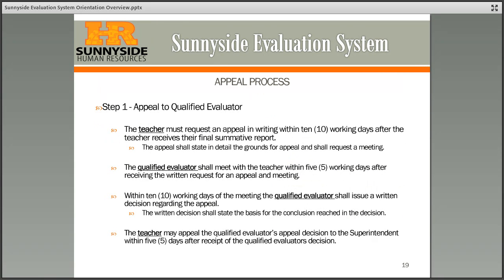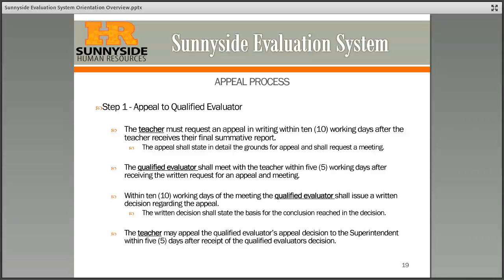The appeal process. Step 1 of the appeal process is in the teacher's hands. The teacher must request an appeal in writing within 10 working days after the teacher receives their final summative report. The appeal needs to state in detail the grounds for why they want an appeal, and they also need to request a meeting to discuss their concerns. The qualified evaluator then meets with the teacher within a 5-day window after receiving the written request for an appeal and meeting.